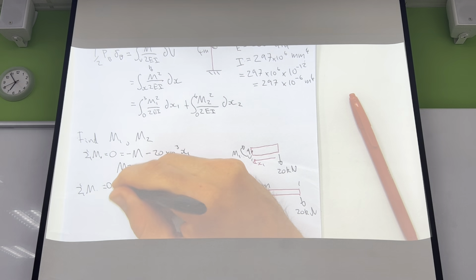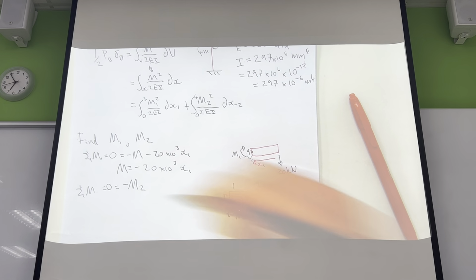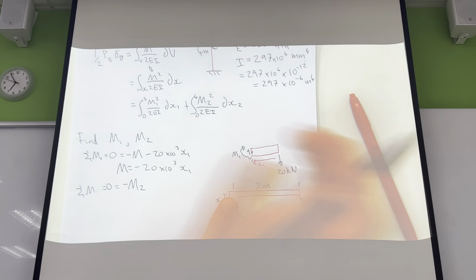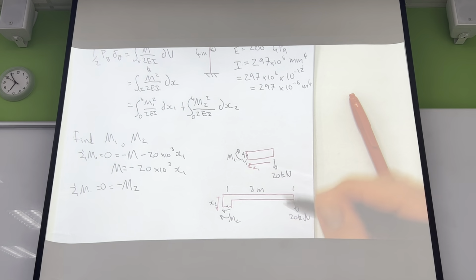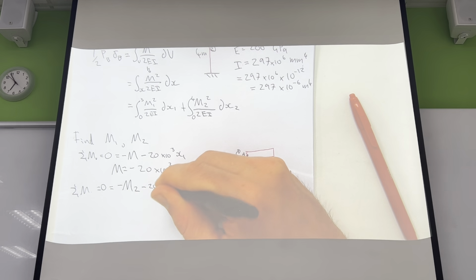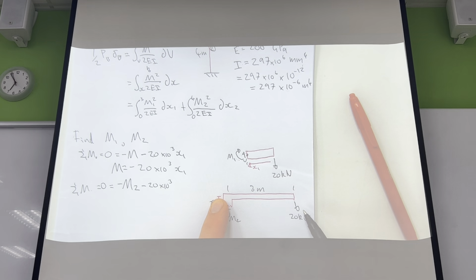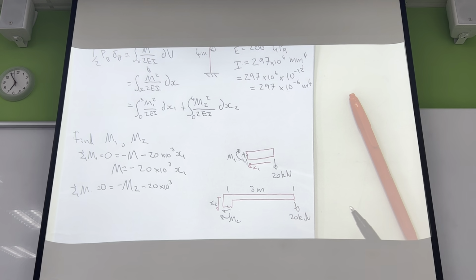So this is going negative, so negative M2, and then this is just relative to that point, that's also going negative. So it's going to be 20,000, and this time the distance that's going by is not x, it's not related to x at all, it's just the value of 3 meters.